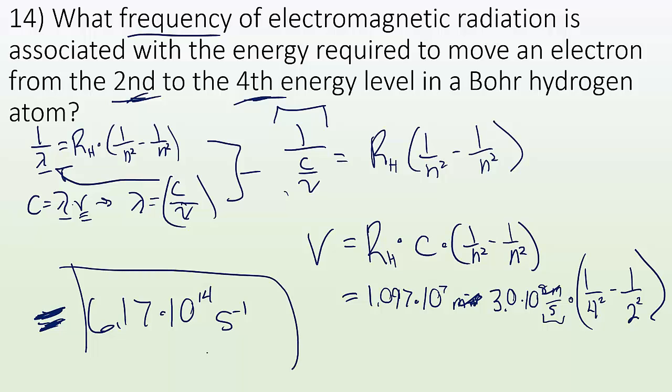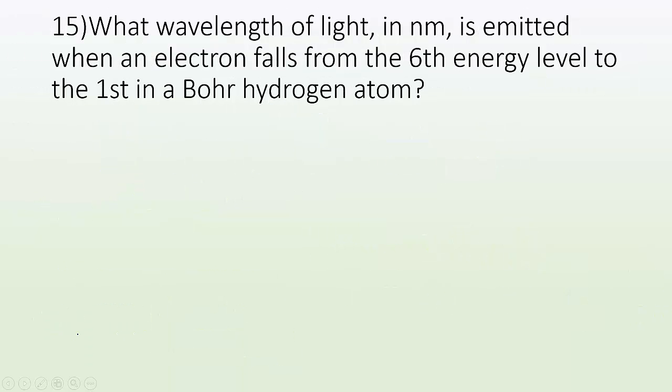Final answer. All right, last one. It asks what wavelength of light in nanometers, so we're going to have to do some conversions, is emitted when an electron falls from the 6th energy level to the 1st in a Bohr hydrogen atom. I know I have this as my equation.